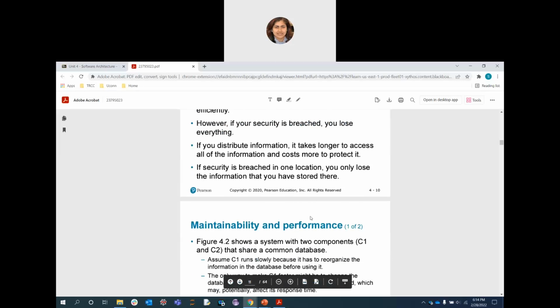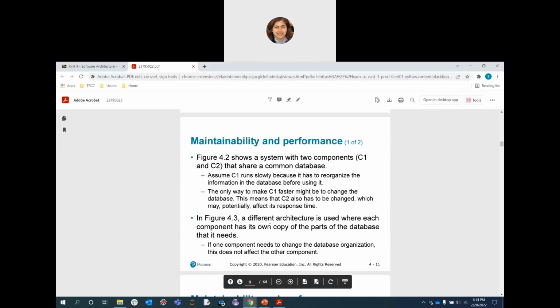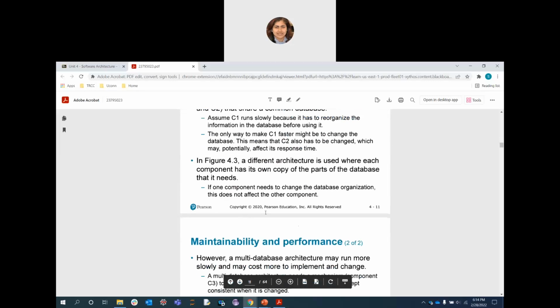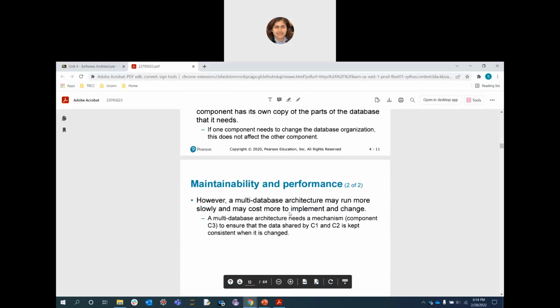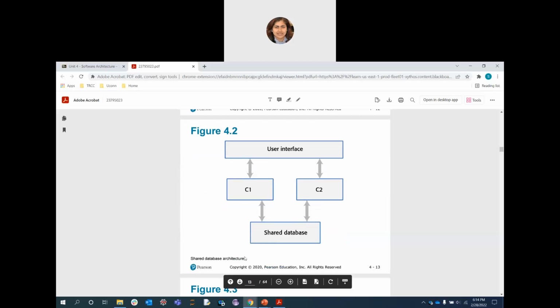Okay, so let's see maintainability and performance. So how does it explain the architecture by taking into consideration the different components here? This is an example of a shared database architecture. This figure shows a system with two components, C1 and C2, and it shares a common database.